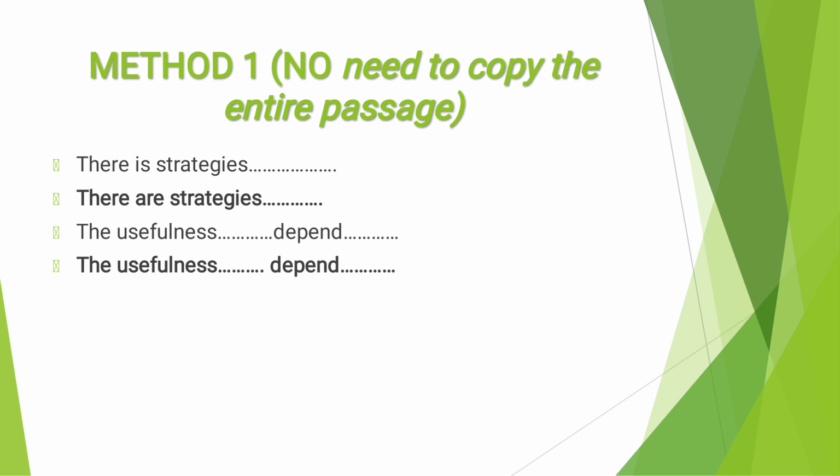I'm repeating it. It's a typing mistake. The usefulness depends. Good. You add s to the depend, because usefulness is a singular subject and must therefore agree with a singular verb. Depends.